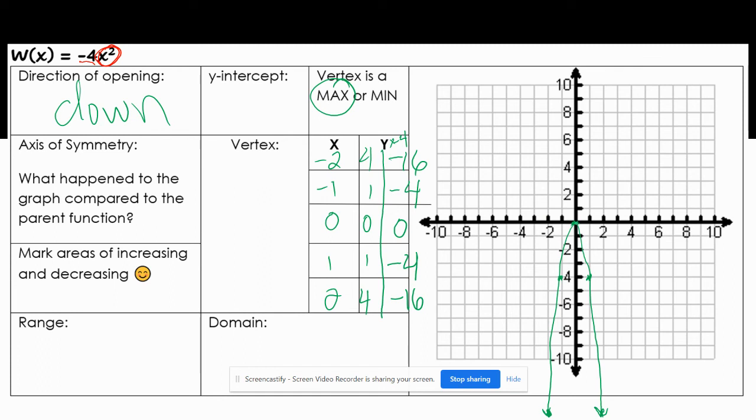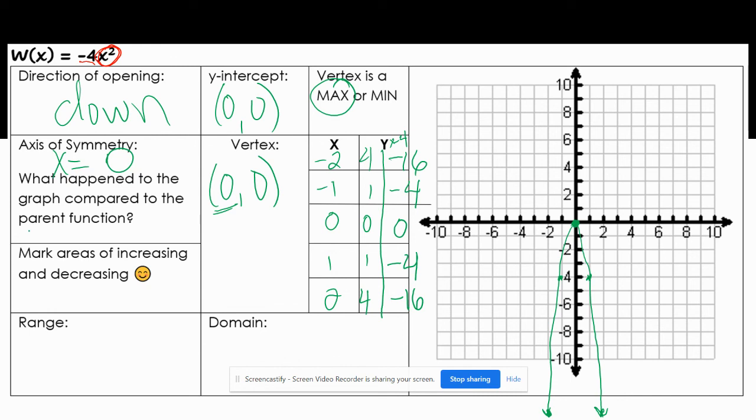Our y-intercept is here where touching the y-axis at 0, 0. That is also the value of our vertex. Our axis of symmetry is still x equals 0. That's the x value of our vertex. And even though it flipped upside down, you can see that our graph stretched closer towards the y-axis.